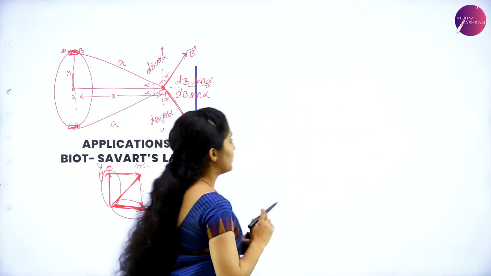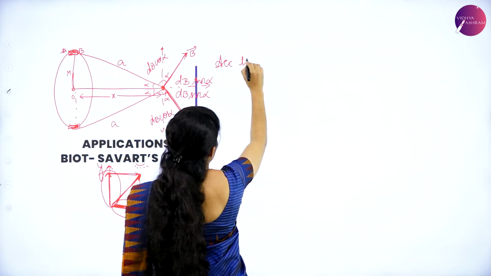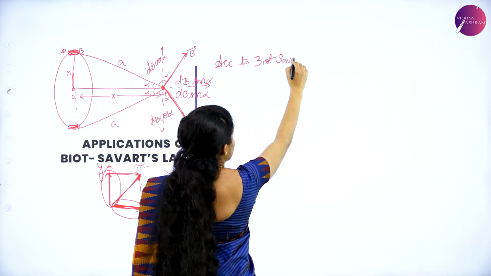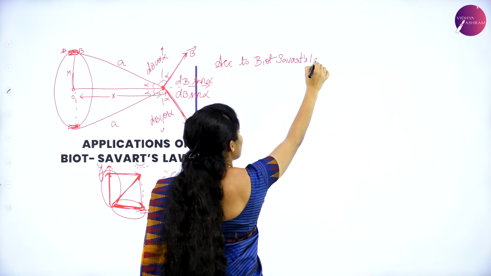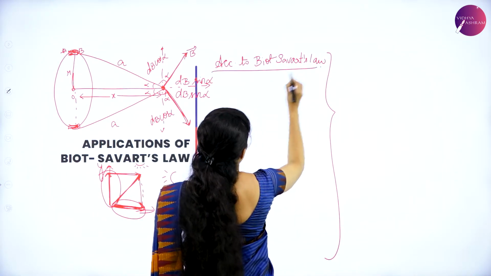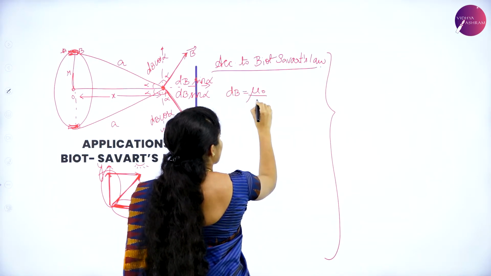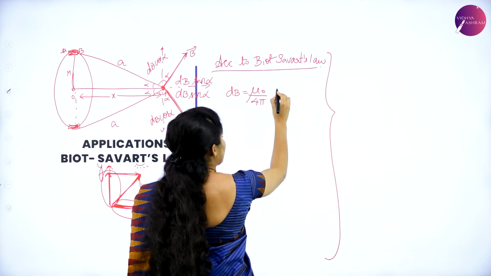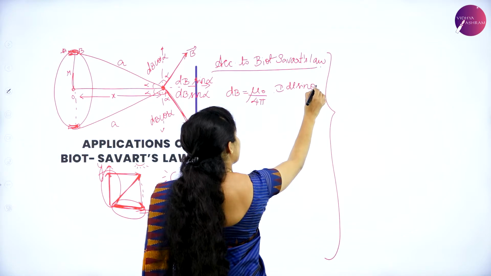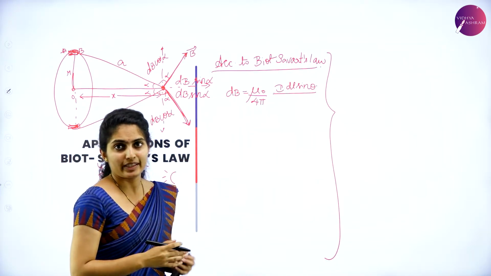Okay. So now, according to Biot-Savart Law, what do you have? dB is equal to mu naught by 4 pi I dl sine theta divided by the distance between them.